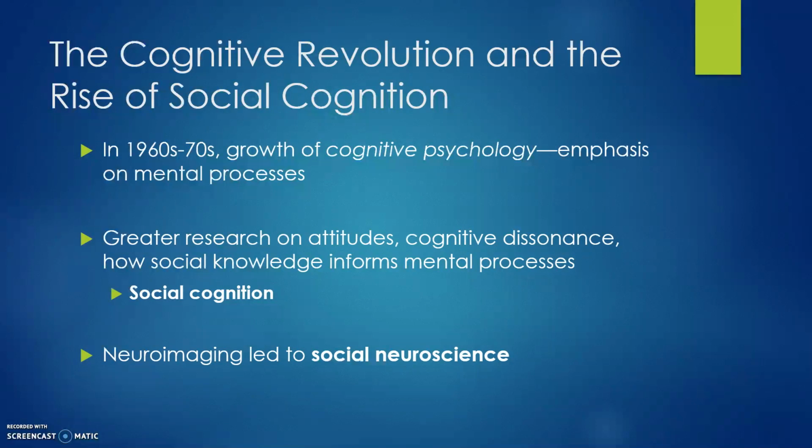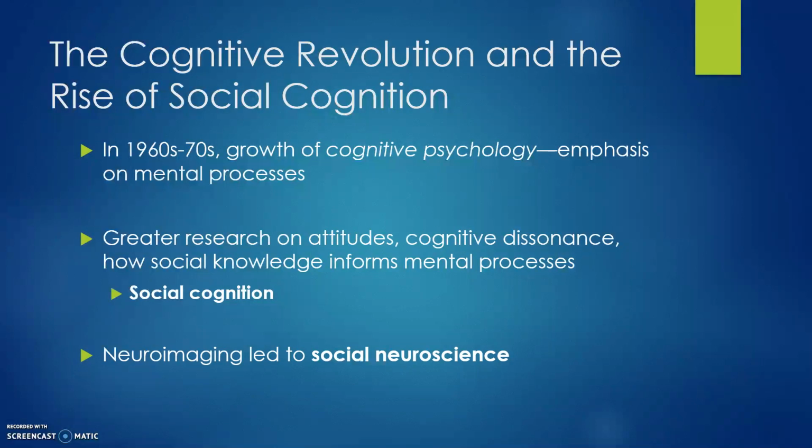And additionally, the rise of neuroimaging in the 80s, 90s, and the early 2000s led to the development of social neuroscience. So, just as cognitive neuroscience looks at brain activity as one engages in different types of cognitive processes, social neuroscience examines how the brain responds and what brain activity looks like when people are engaged in different types of social situations or are being influenced by social situations or are thinking about social situations.